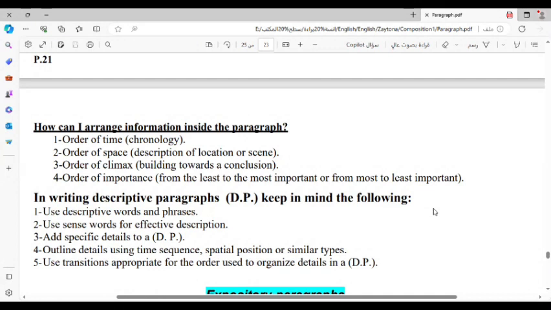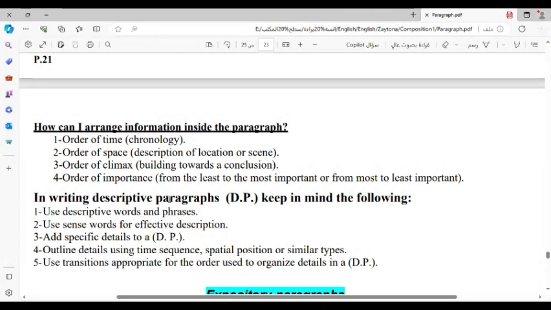So I will start with the most important to the least important. When I talk about order of time, of space, of climax or importance, it depends on what I'm talking about. Am I describing a person? So I need to go with this one, to describe the most important quality or characteristic of his personality, then go to the least important.